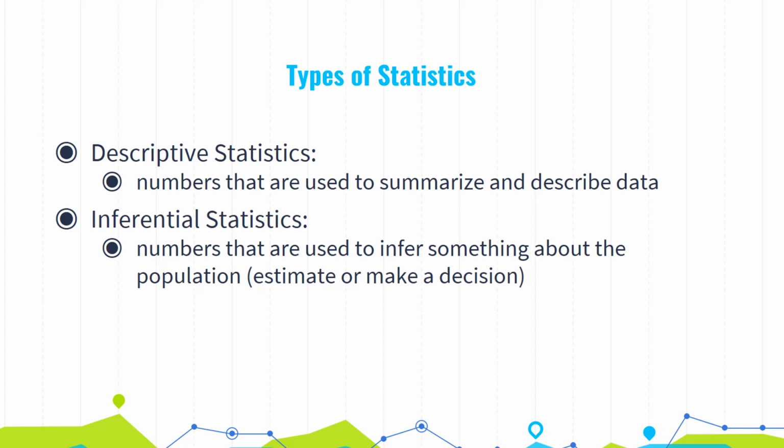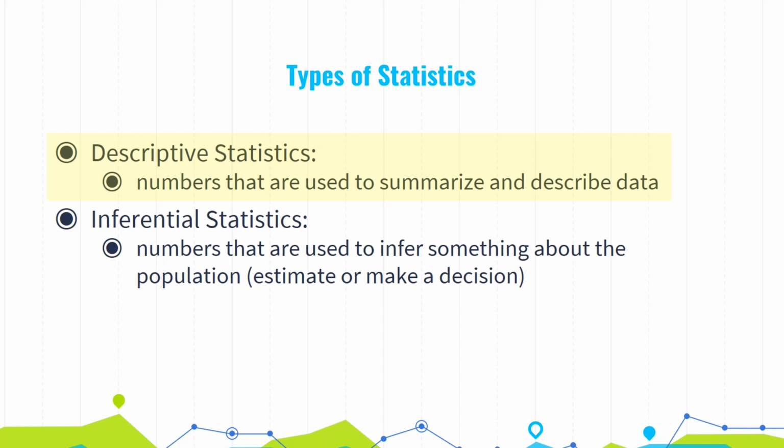So types of statistics can be broken down into two types. We have descriptive statistics, which are numbers that are used to summarize and describe the data. So you do a sample, you get a bunch of numbers, and you want to somehow boil that down to one or two key descriptors.